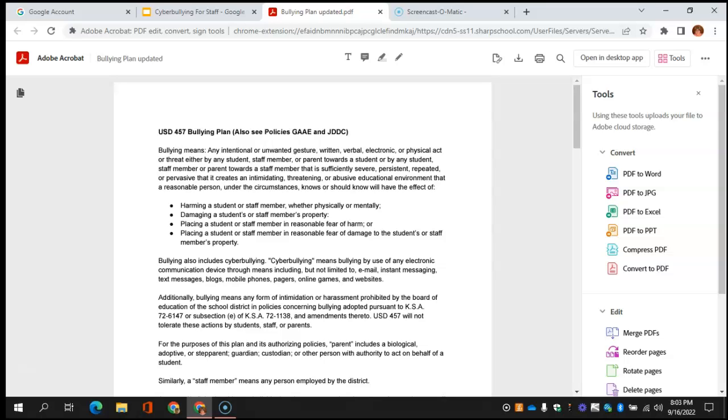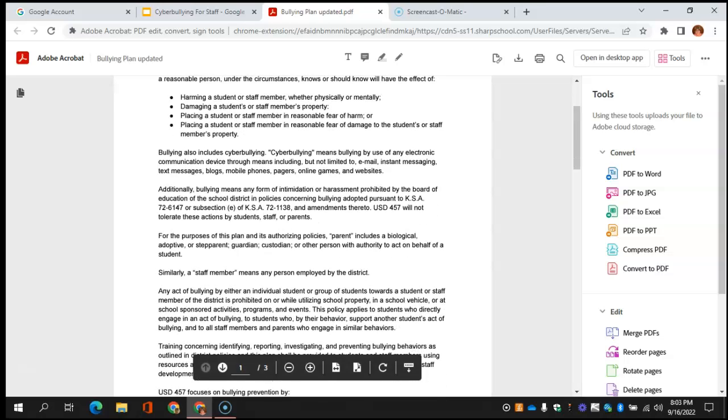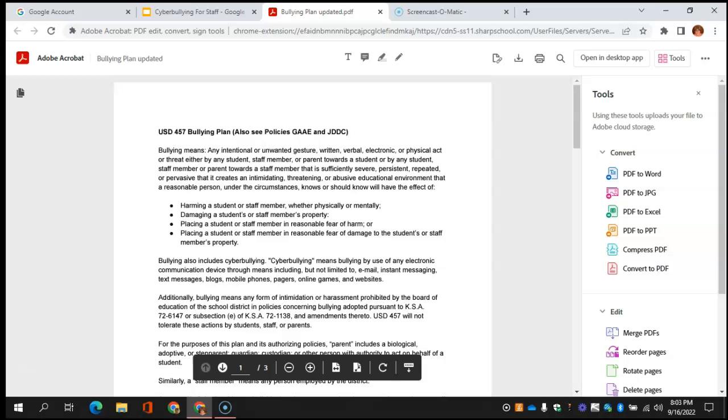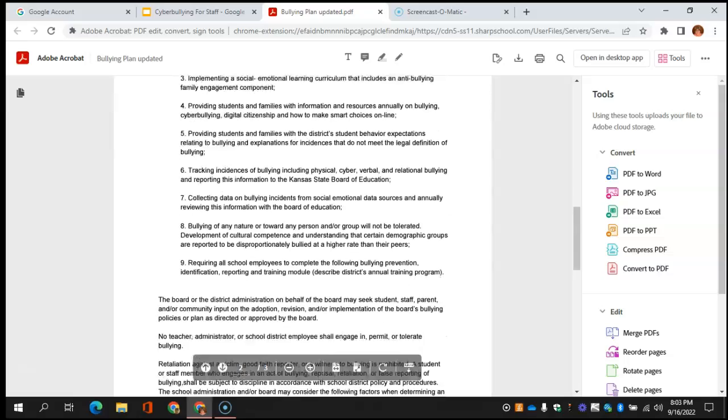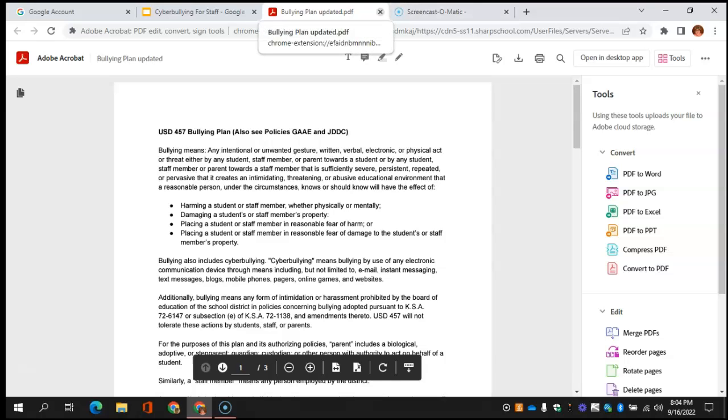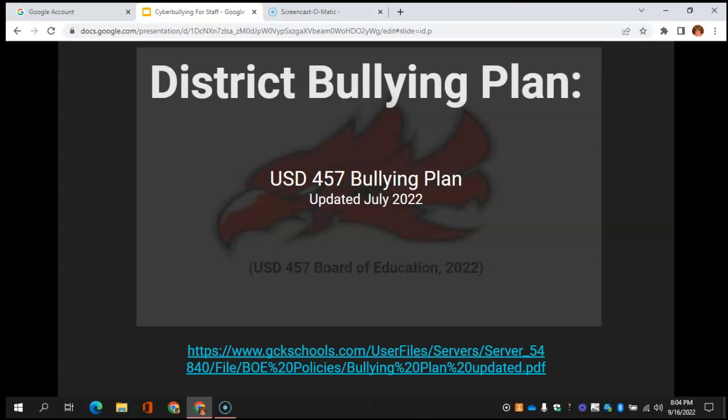So I'm not going to read through this whole policy because you can look at the policy, but it does explain what cyberbullying is. And remember, it has to be repeated, on-purpose behavior. But like I said, it's interesting that our policy now extends out to parents. So that is something that we will be continuing to look at and update.